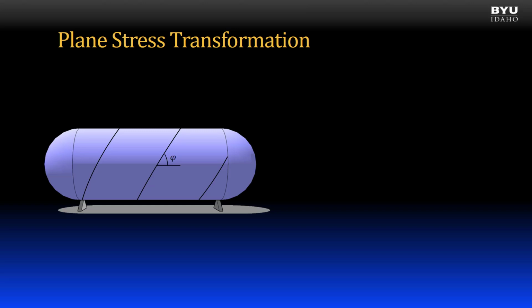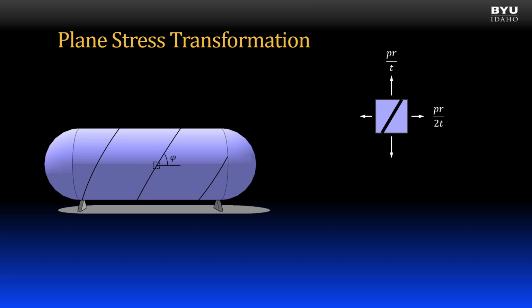Now suppose that I want to determine the stress on the helical weld. I would like to know both the normal stress pulling perpendicular to the weld and the shear stress acting parallel to the weld. Our mechanics of materials theoretical equations are limited here. We have formulas for the normal stresses acting circumferentially and longitudinally at a point on the cylinder.